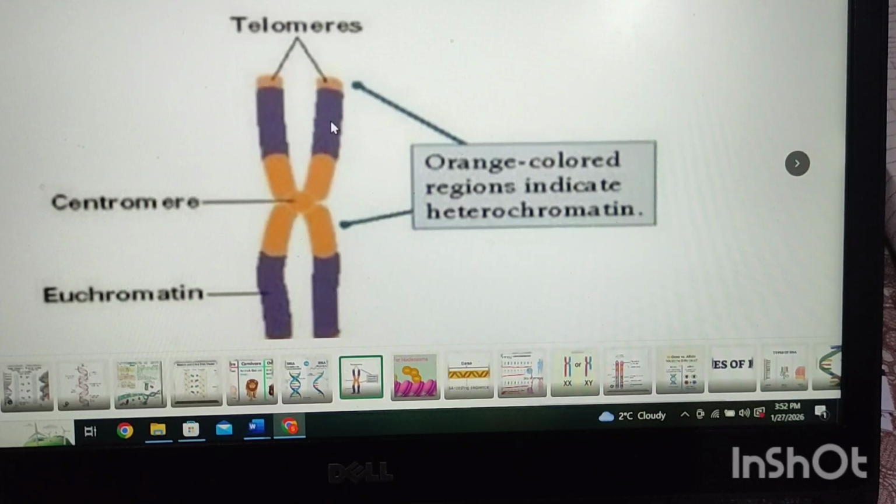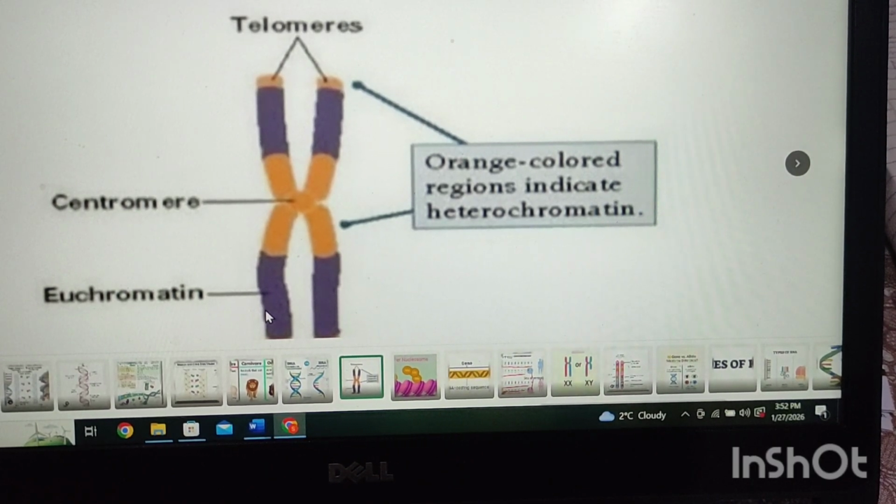We have indicated these sites with different colors to help identify them, while the other portion, indicated by the blue or darker regions, is euchromatin. What is euchromatin? The first identification is that more genes are present, or it is a gene expressive region, in other words an active site.